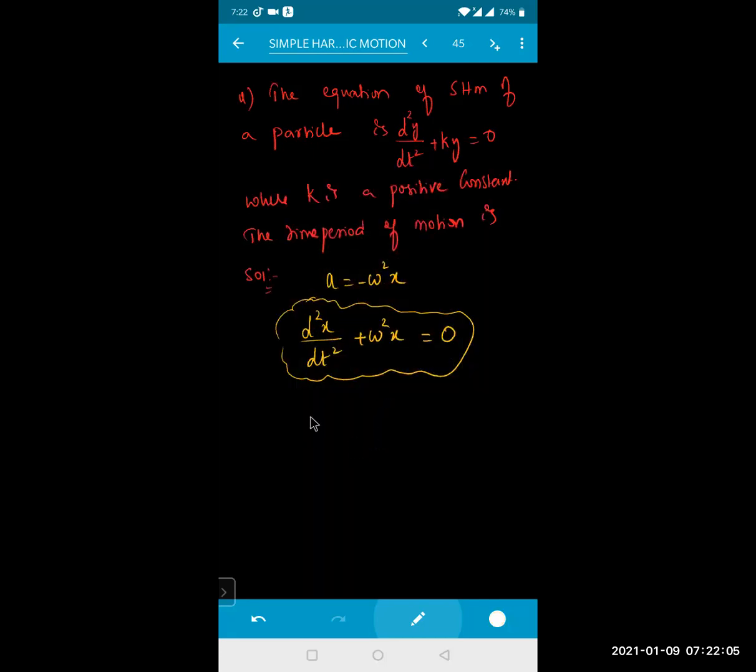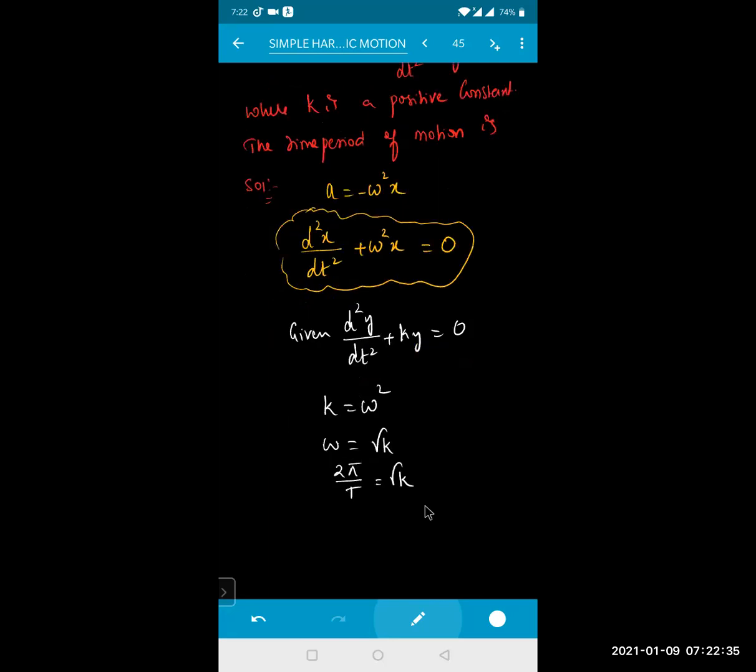Now compare this with the standard equation. The given equation is d square y by dt square plus k into y is equal to 0. So what is the value of k in this one, beta? k is equal to omega square. So omega is equal to root of k. Omega is 2 pi by capital T, which equals root of k.